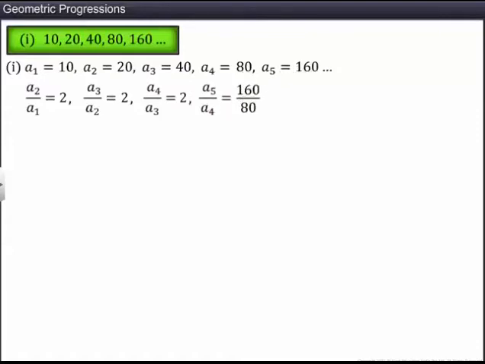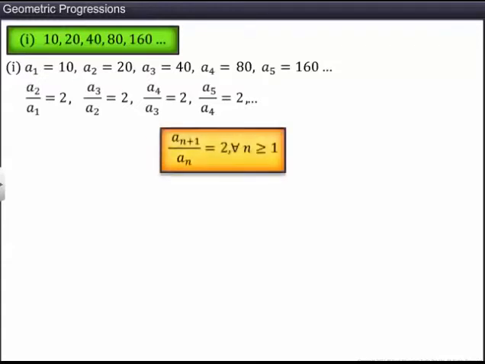Hence, we can generalize that the ratio of the (n plus 1)th term to the nth term is equal to 2 for all n greater than or equal to 1. It implies that the (n plus 1)th term can be obtained by multiplying the nth term with the constant 2.